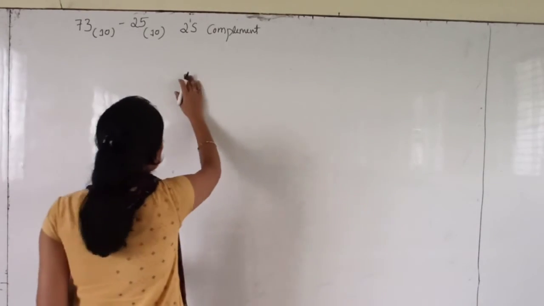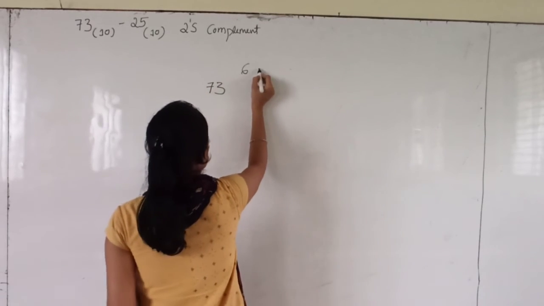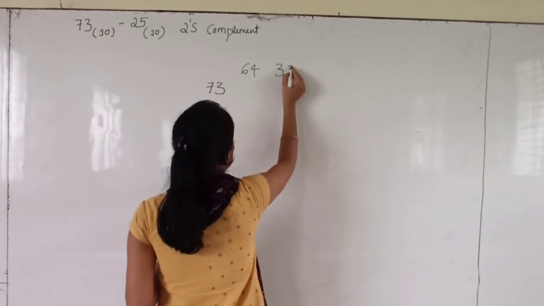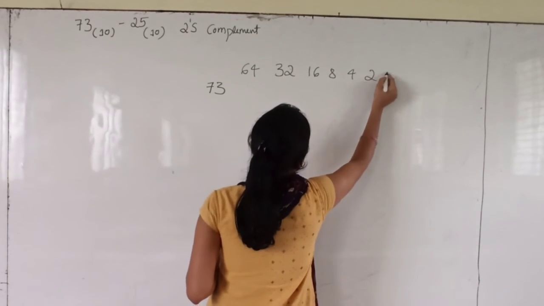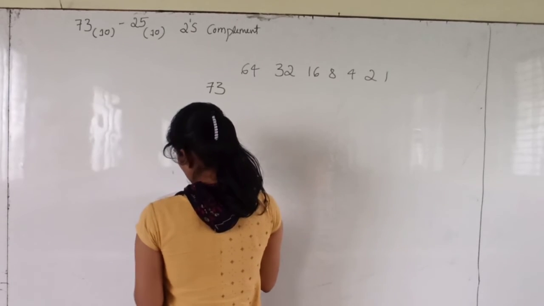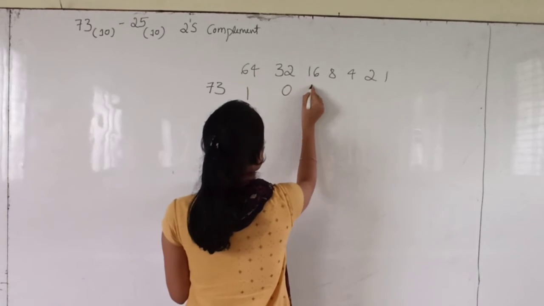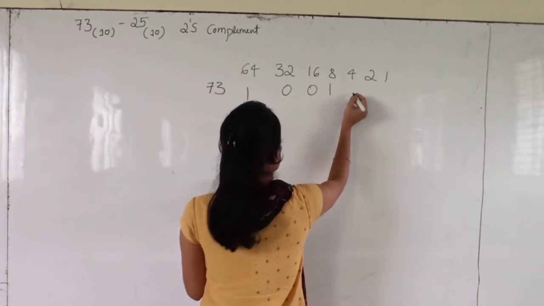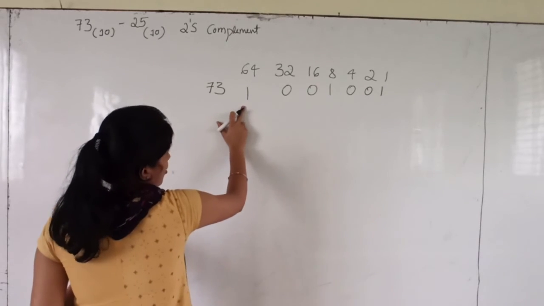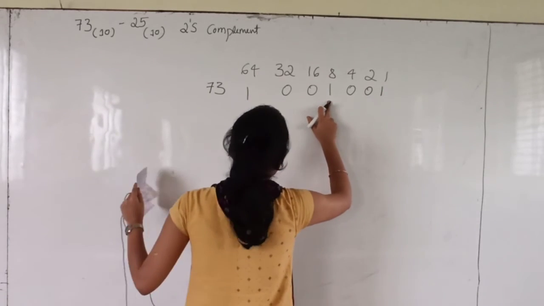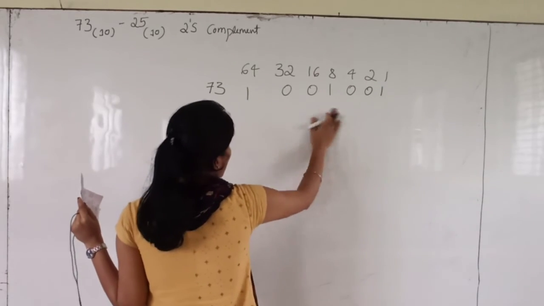First write a binary equivalent for both. For 73, using 64, 32, 16, 8, 4, 2, 1, it will become 1001001. Just check it: 64 plus 8 is 72, plus 1 is 73.